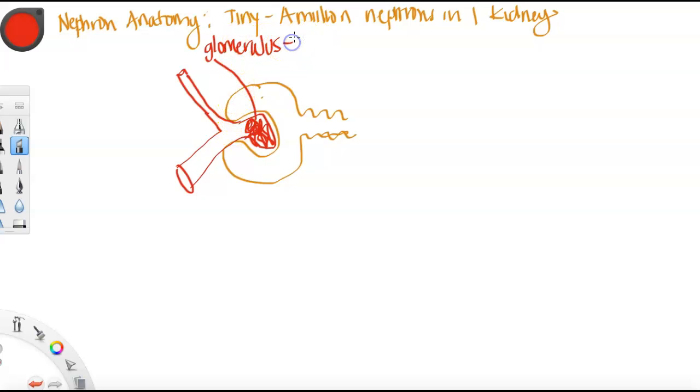All right, so this is a capillary bed. But it's a weird looking capillary bed. It isn't like the ones we normally see. Remember, these are made up of fenestrated capillaries, and it's like a big knot, all tangled up. This tangle of capillaries, called the glomerulus, is surrounded by this capsule thing.